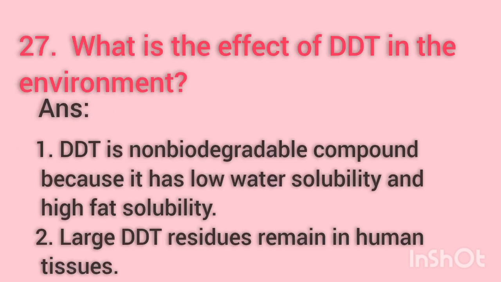What is the effect of DDT in the environment? Answer. First point. DDT is a non-biodegradable compound because it has low water solubility and high fat solubility. Second point. Large DDT residues remain in human tissues.